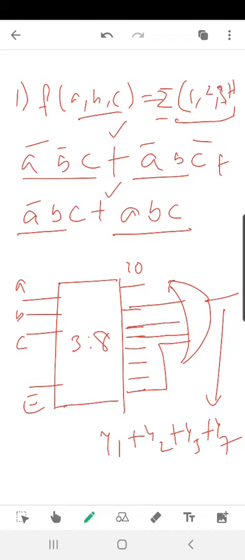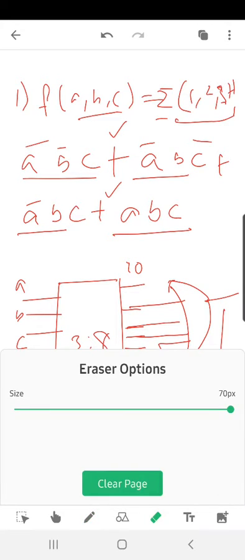Okay, similarly, if we require to implement a function using a 2:4 decoder, let us suppose w is a function whose expression is given as a bar b plus a b bar. First of all, a bar b plus a b bar is in SOP form, sum of product form.